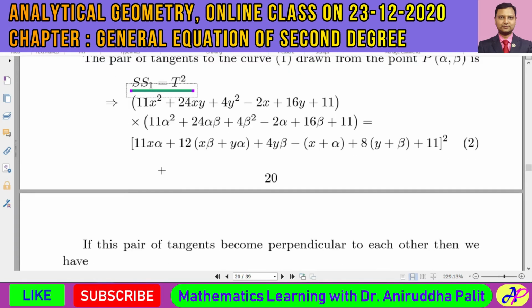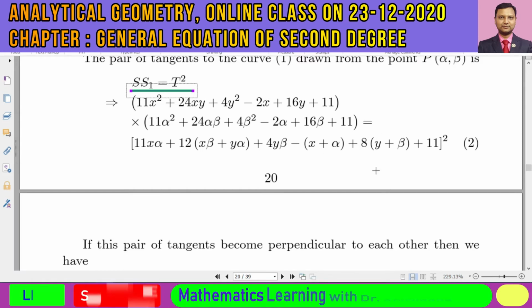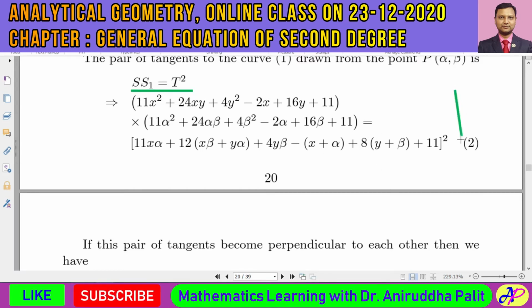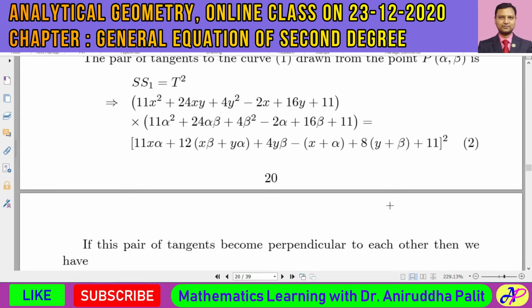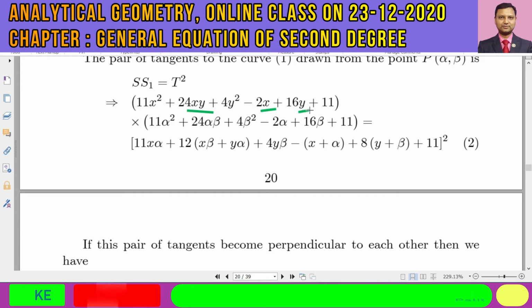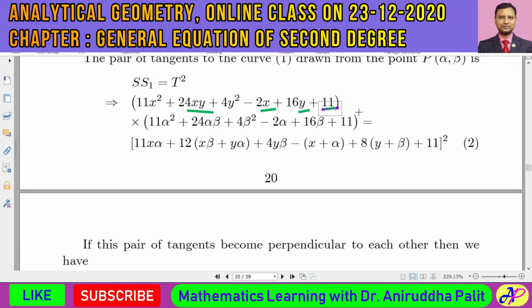We are not going into the detailed computation over here. We did not consider the detailed expansion, because the expansion would be very cumbersome, and in all these expansions we don't need the coefficient of xy, the coefficient of x, the coefficient of y, or the constant term. So this total expansion would be just a waste of time.